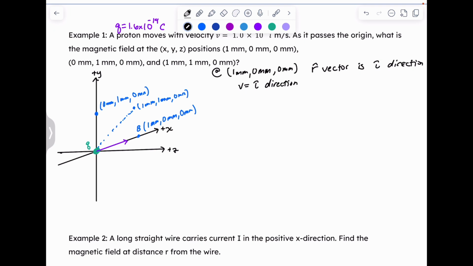So if I have my magnetic field, mu naught over 4 pi, q v cross r hat over r squared, parallel vectors have a cross product equal to 0. Sine of 0 is 0. So B equals 0 at that point.